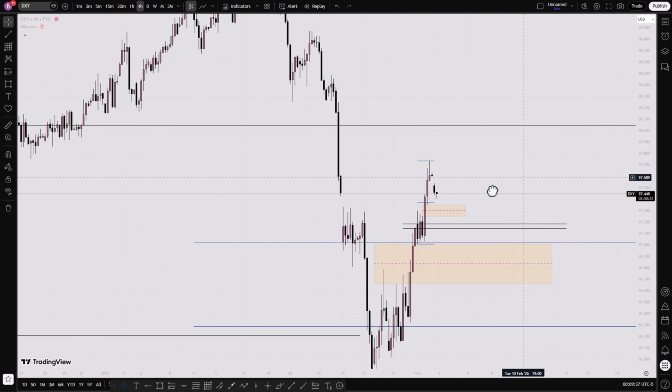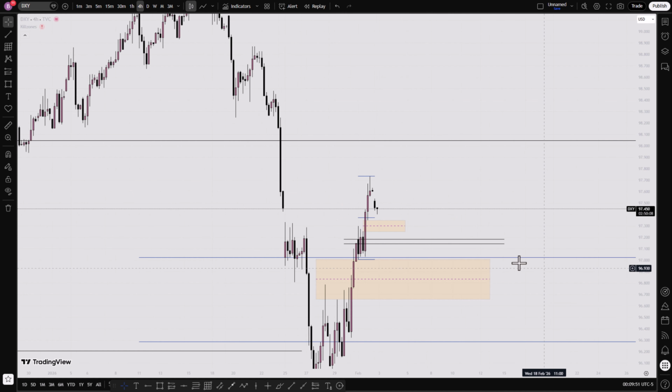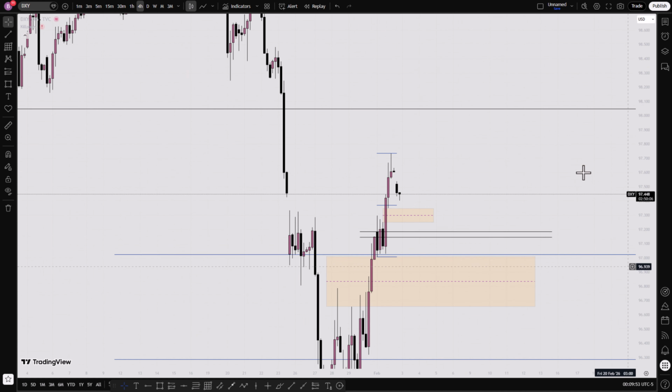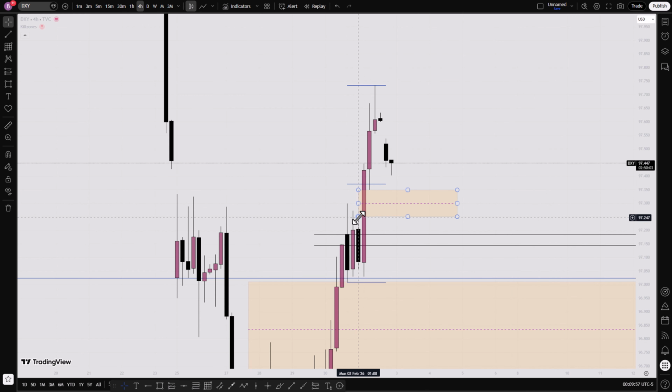So here, first, I'll be observing this fair value gap, the first one. If we have a confirmation entry, this confirmation entry will come with price giving us a swing formation at the fair value gap. I have been speaking of swing formation. If you have been following this video, you know what swing formation is.